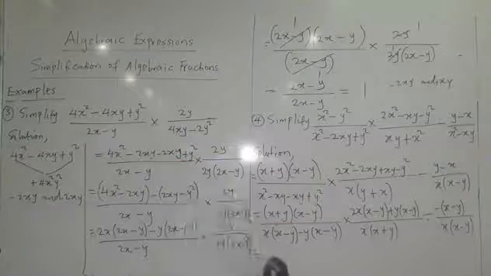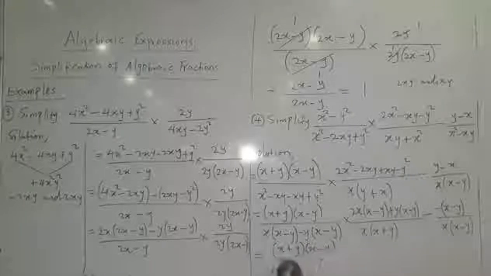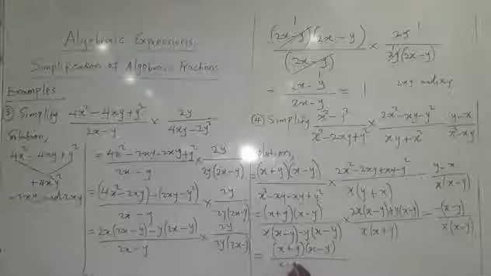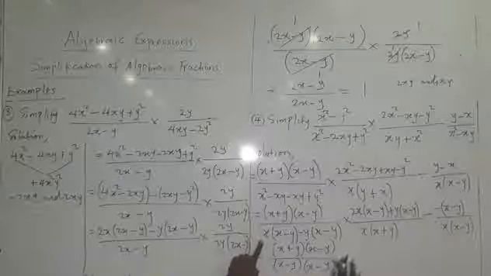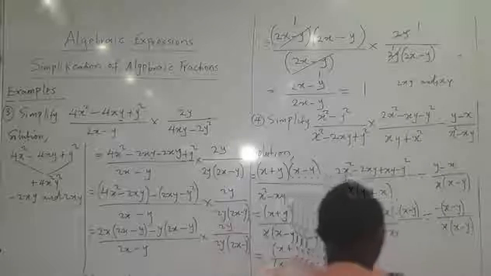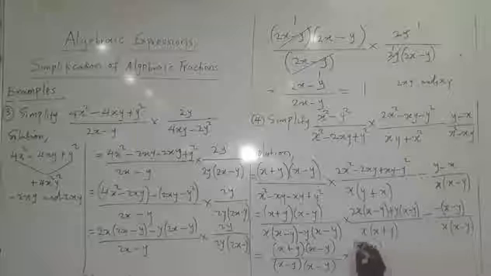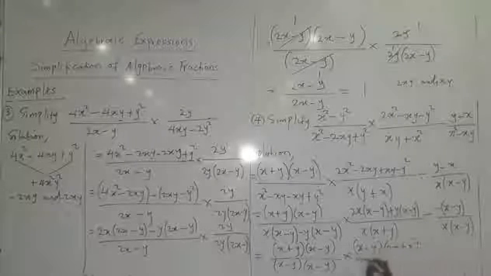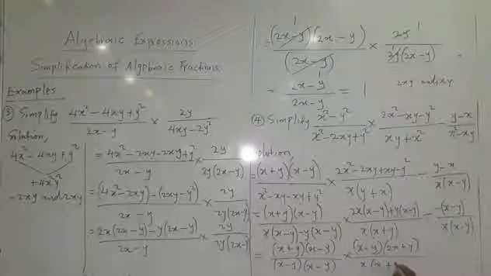So the next thing to do is to simplify further. So we have x plus y, x minus y, all over. Common factor here is x minus y. So open bracket x minus y, which is this. Then multiply by, common factor here is also x minus y. So we have x minus y into, you are left with 2x plus y all over x into x plus y.